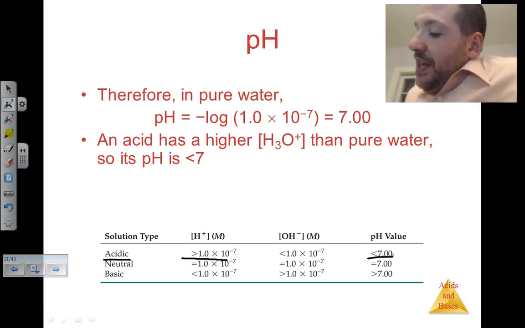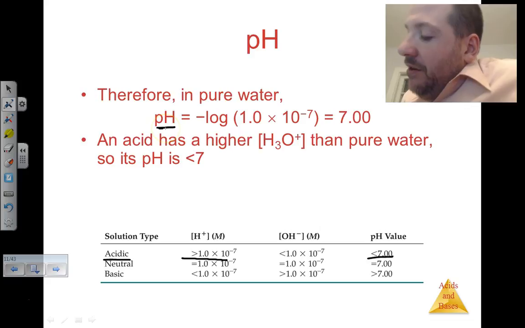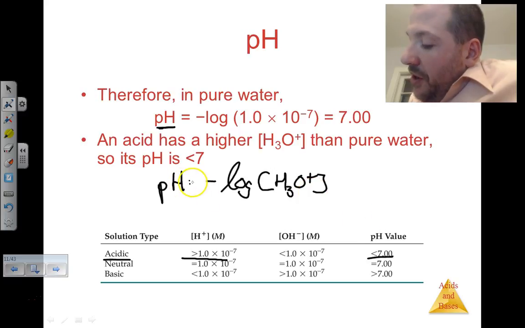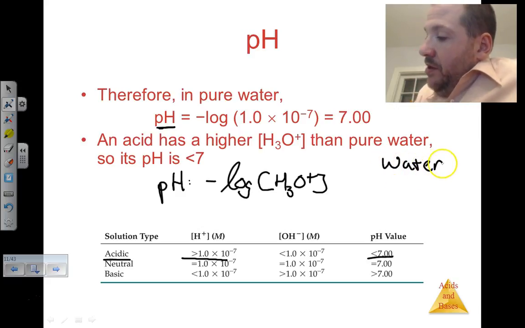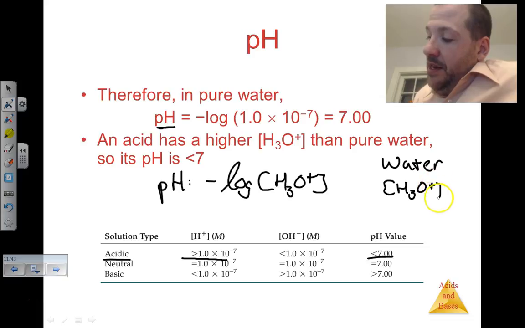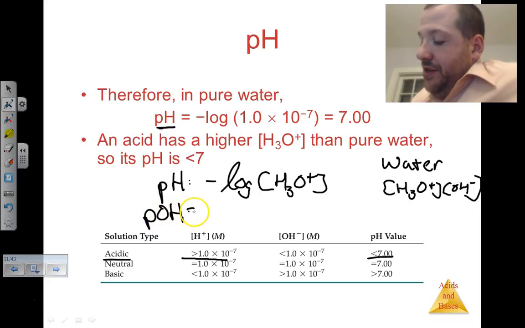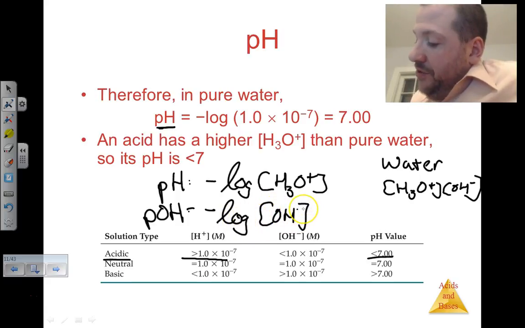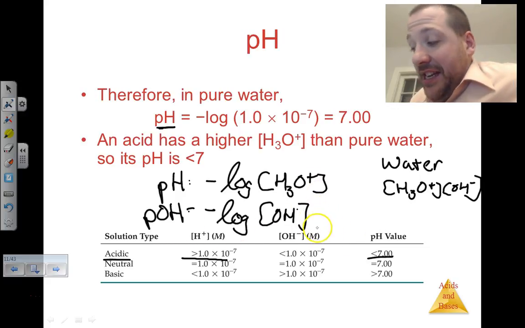Now this sets up something very interesting. If we understand the formula that pH equals the negative log of the concentration of hydronium ion, we should also be able to see that because water is in equilibrium between hydronium ion and hydroxide ion, we can calculate something called pOH. pOH is equal to the negative log of the hydroxide ion concentration.